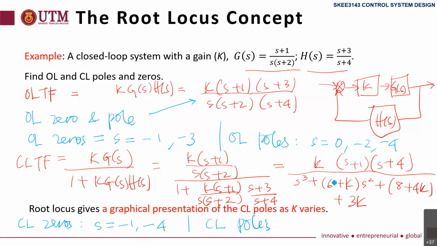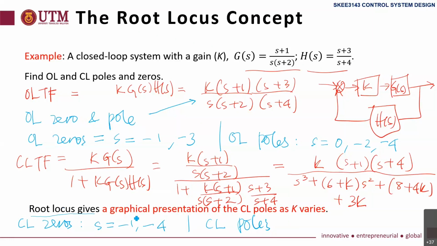In contrast, the open loop poles are fixed and do not depend on K. So this proves that the gain K is important. It affects the poles, which are also important.